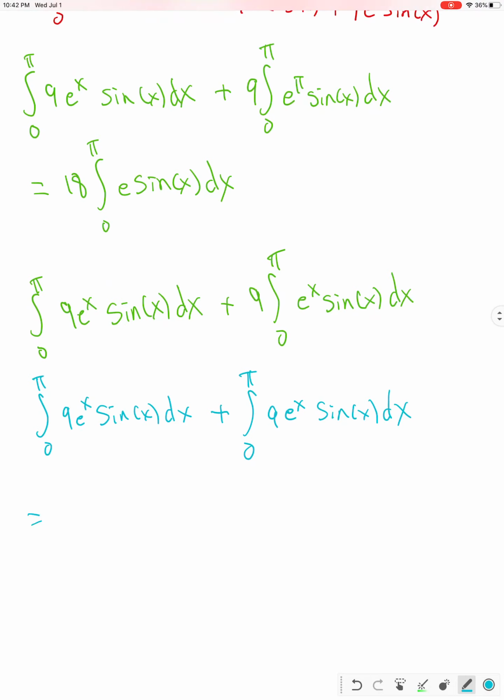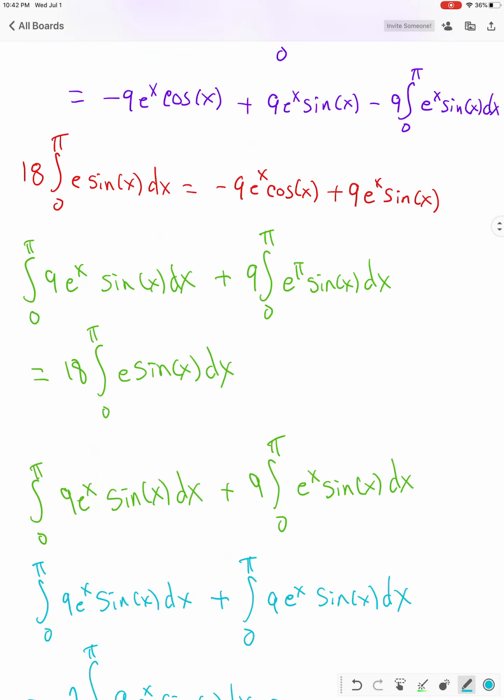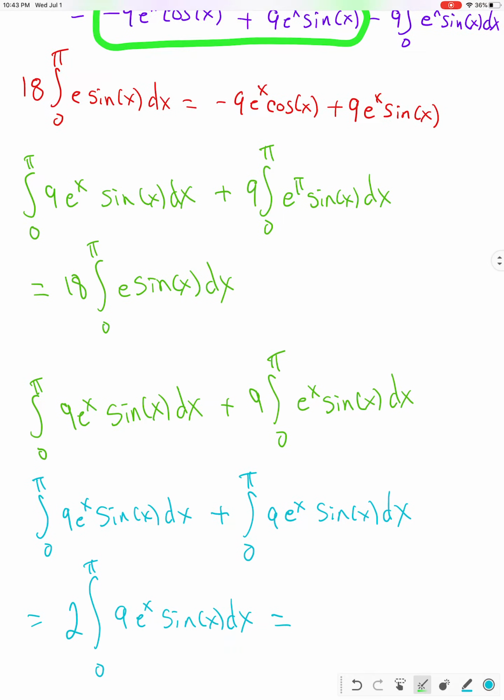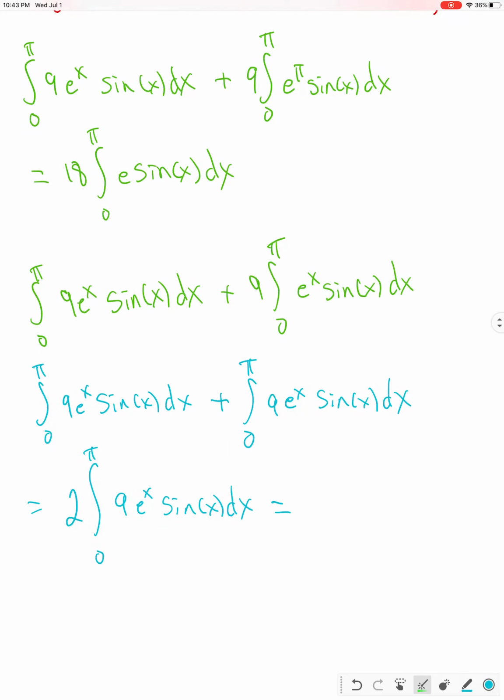So now we have 2 of those, integral from 0 to pi 9 e to the x sine of x dx. And that, of course, is equal to this whole term that we have here on the right-hand side after we added this part over. So we move that to the right-hand side, and we're left with this stuff over here.